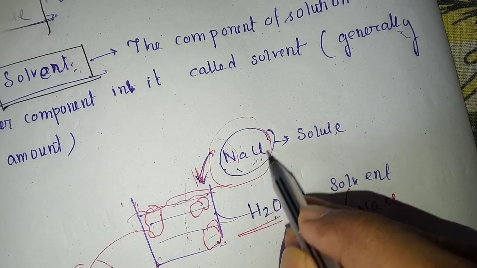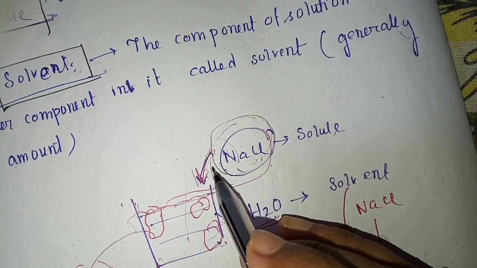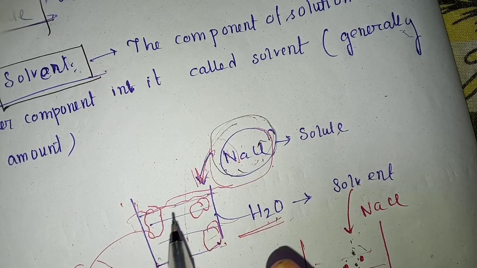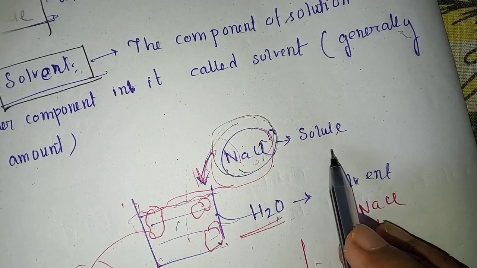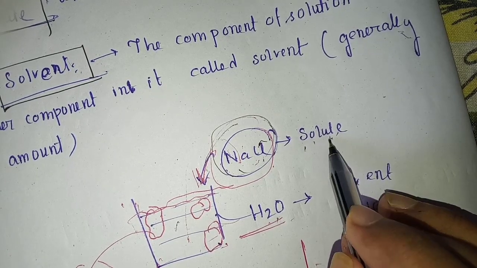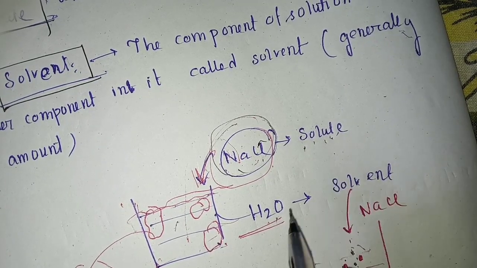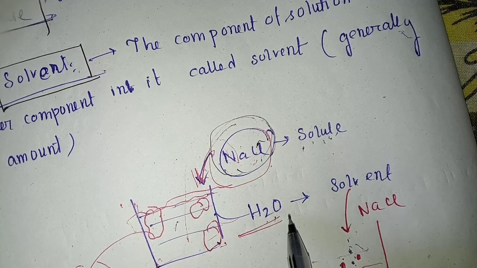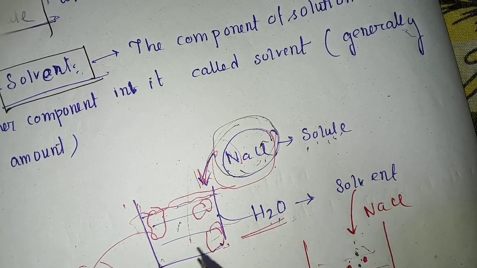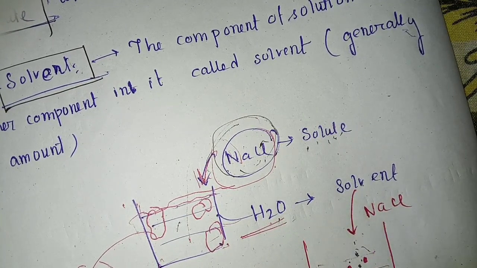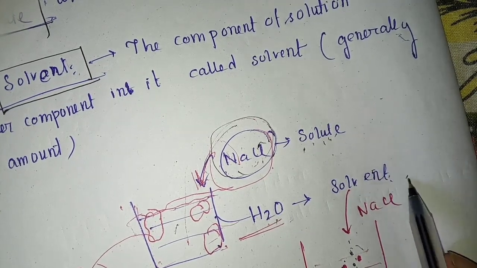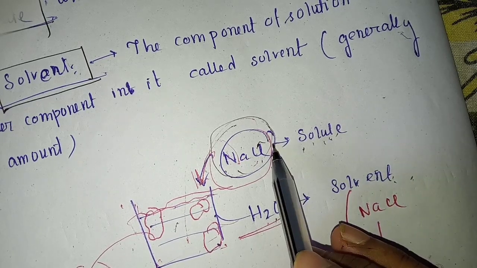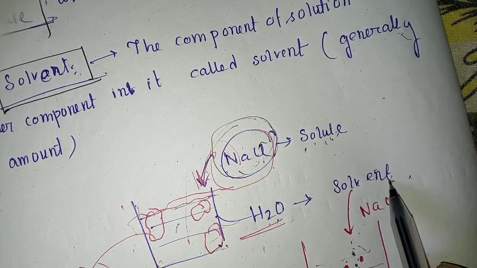The substance which is dissolved is called the solute, and it is in a lesser quantity. The substance which dissolves the other substance is called the solvent. It is in maximum quantity. So in this example NaCl is our solute and H2O is our solvent.